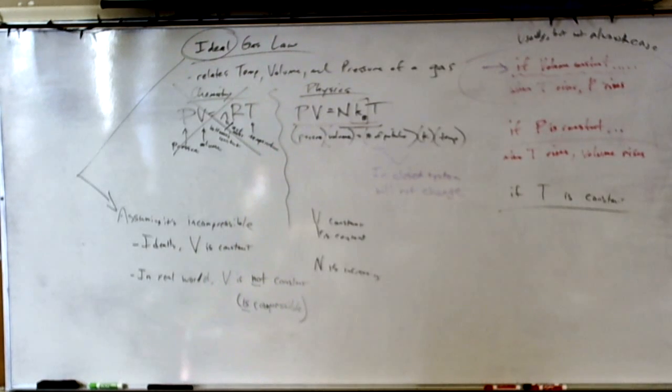But yeah, so throughout the day, the particles are moving faster and faster. So does the pressure increase? Not really. There's too much space for it to have much effect on them. Is the volume set?